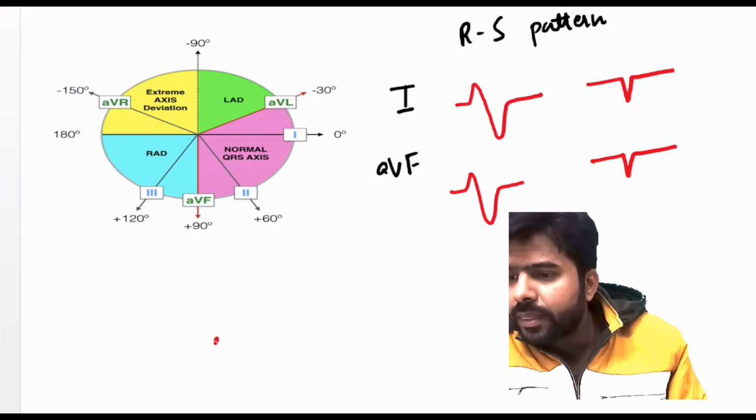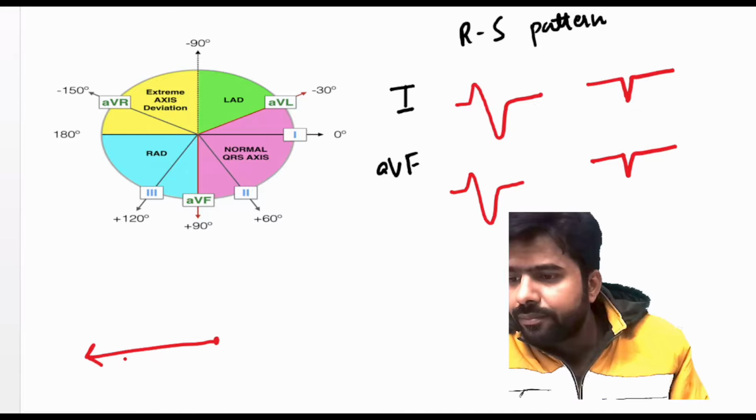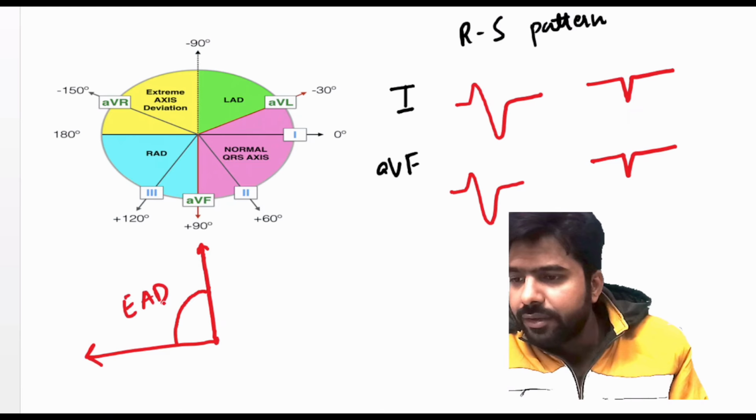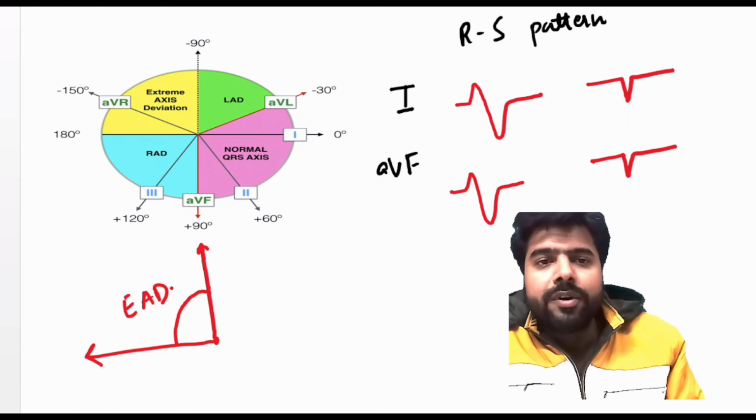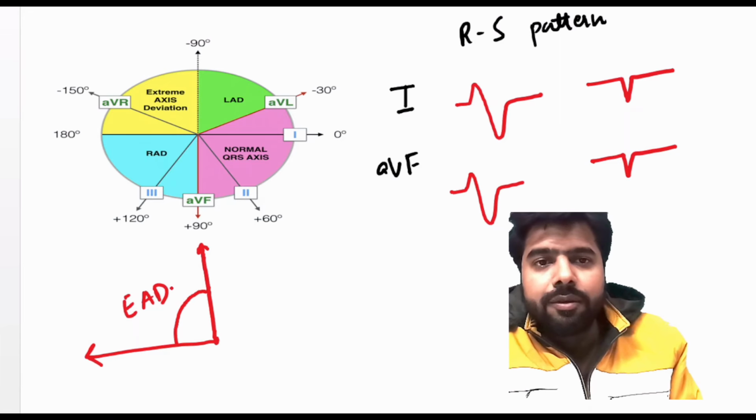Therefore, for extreme axis deviation, lead 1 is negative and lead AVF is also negative. I hope you understand all the points very carefully. Thank you.